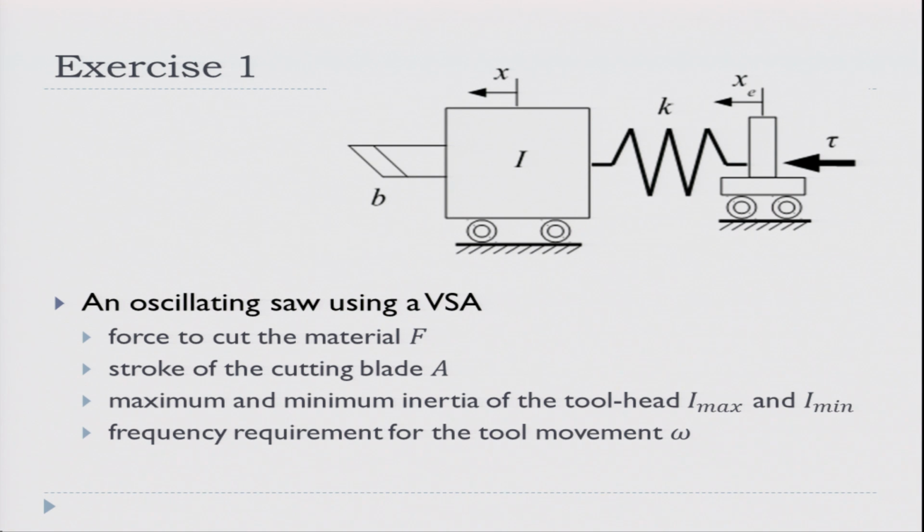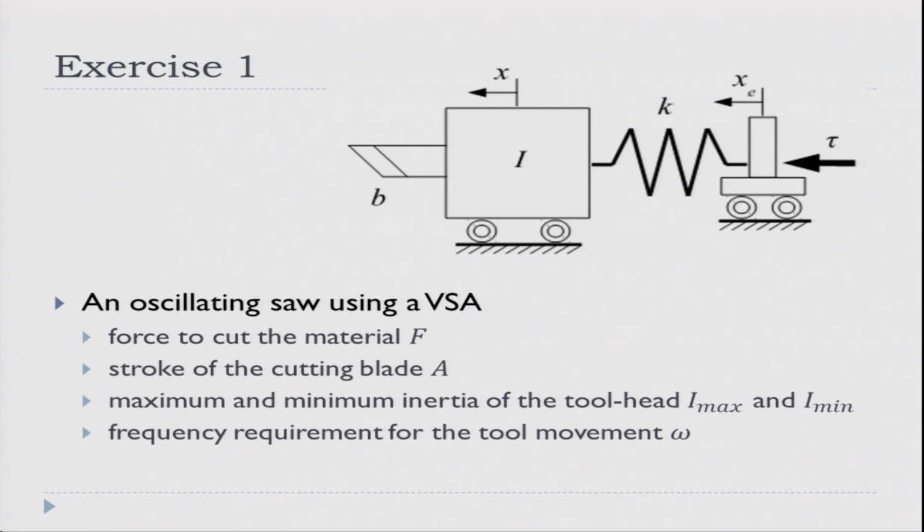So we want to design a system which is like an oscillating saw, which is powered by a VSA system. So let's imagine that this spring plus a reference here, it's a variable stiffness actuator, and this is the tool head of our automation system.